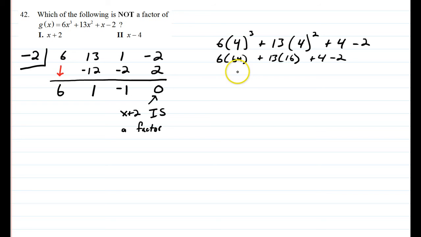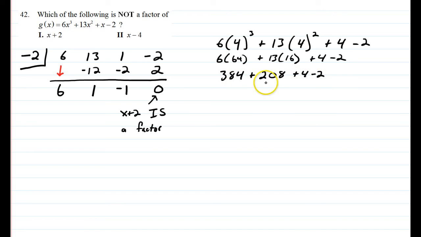And so 6 times 64 gives us 384 plus 13 times 16 gives us 208 plus 4 minus 2.